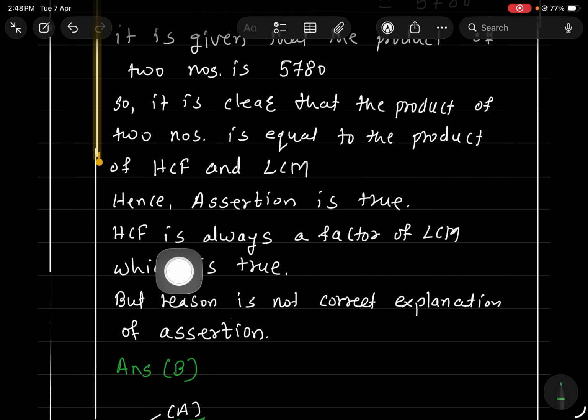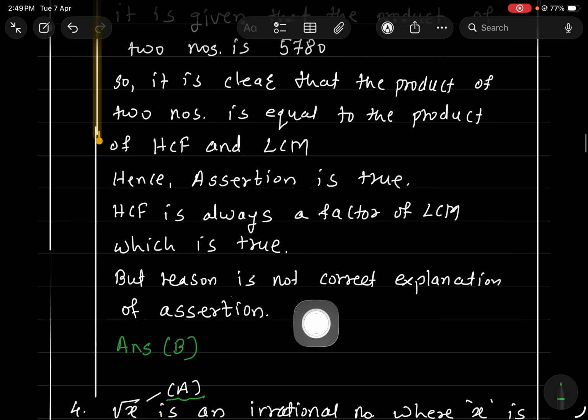Common factor means HCF only. The product of common and uncommon factors means the HCF is a factor of that LCM. So this statement is true: the HCF is always a factor of the LCM.